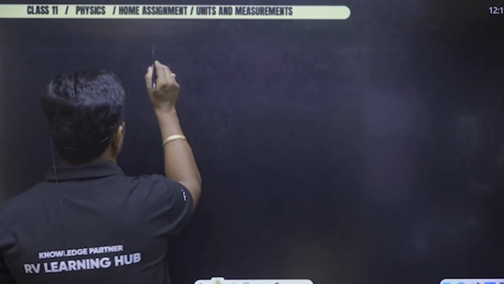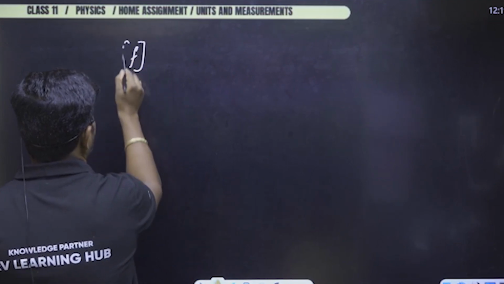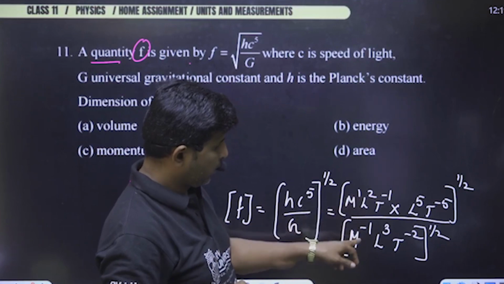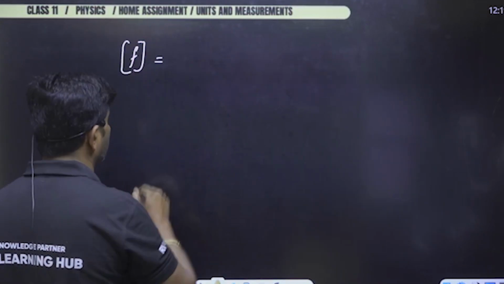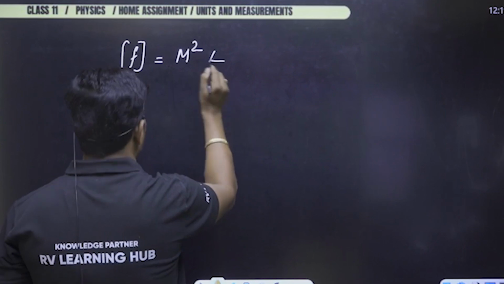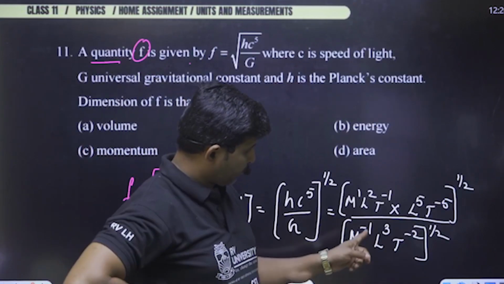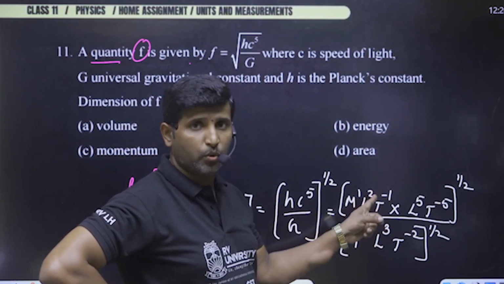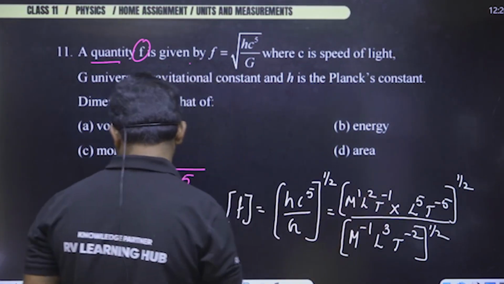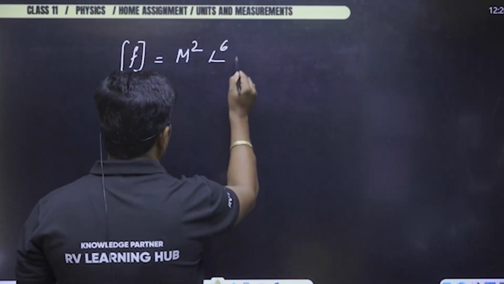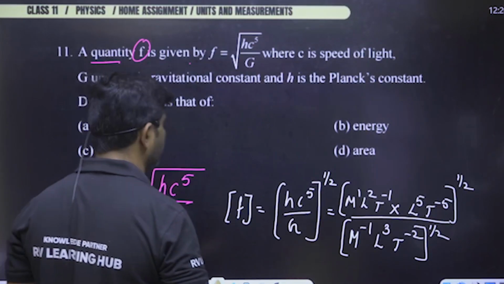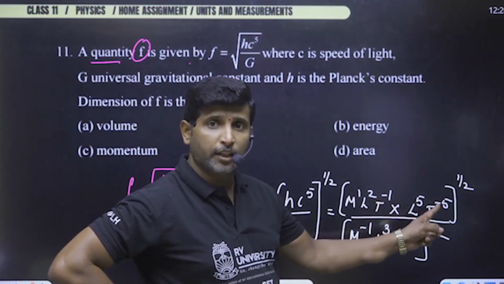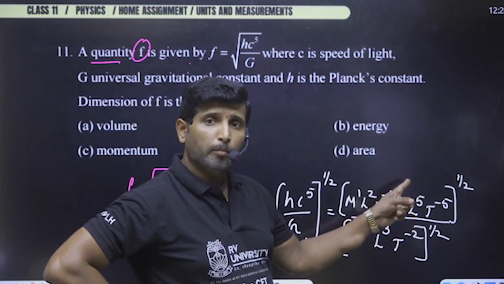So just to go through it here, we can say dimensions of F becomes equal to, see here, m power minus 1 goes to the numerator, you get m power plus 1, that is m to the power of 2, L to the power of, see here, 3 will go to the numerator, then you will get minus 1 plus 5, L power 6, we are getting L to the power of 6, and T to the power of, observe this, T power minus 1 minus 5 minus 6, minus 2 taken up becomes plus 2.